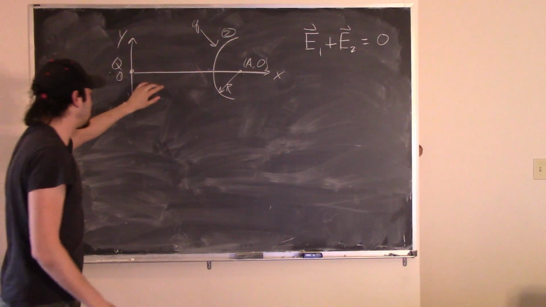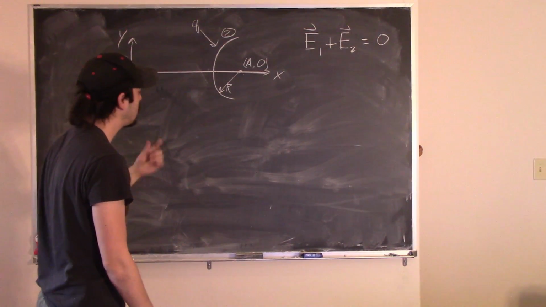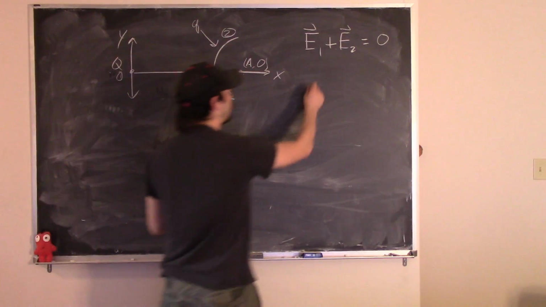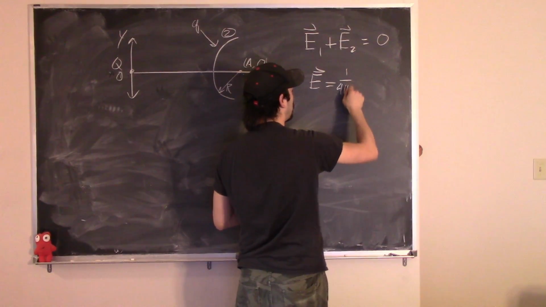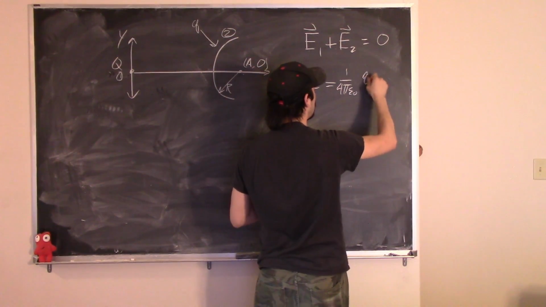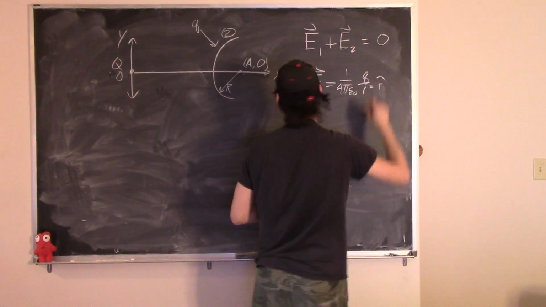This is pretty straightforward because it's a point charge. In general for point charges, the electric field is going to be 1 over 4 pi epsilon naught q divided by r squared times r hat.